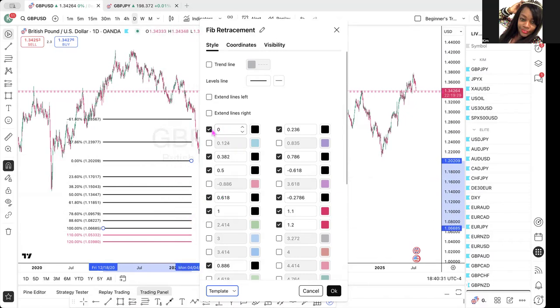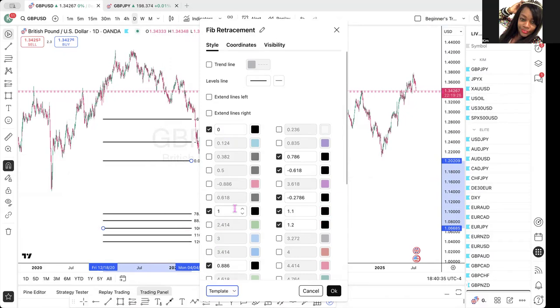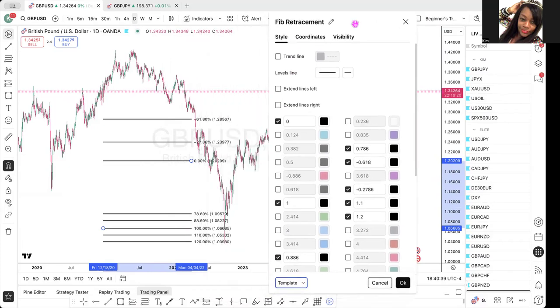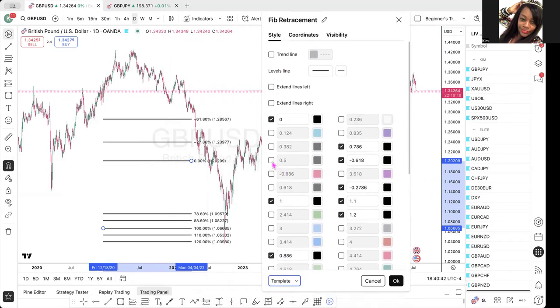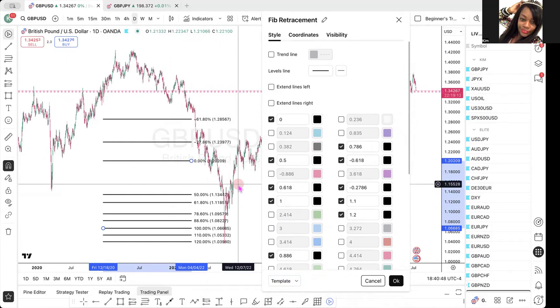So click on the settings and save these settings. I'm going to add in here the 50% and the 618.